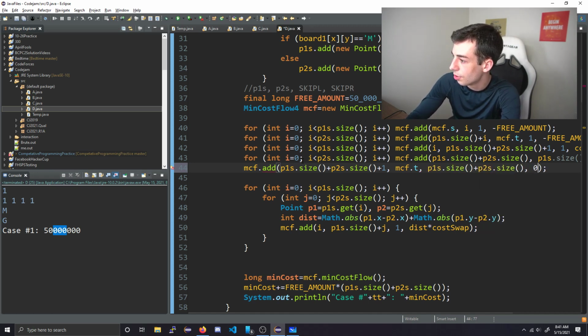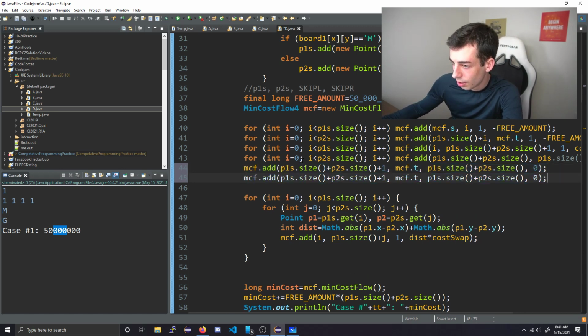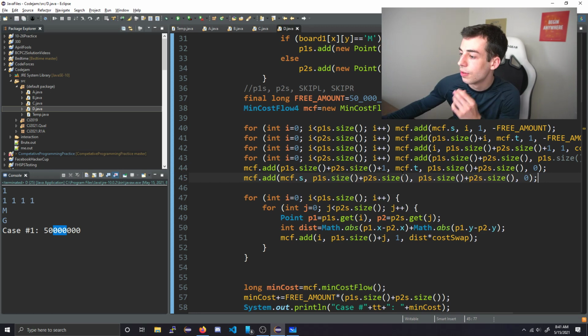Oh yeah, cost is 0. We go from source to this p1's dot size, p2's dot size, same thing. Okay.